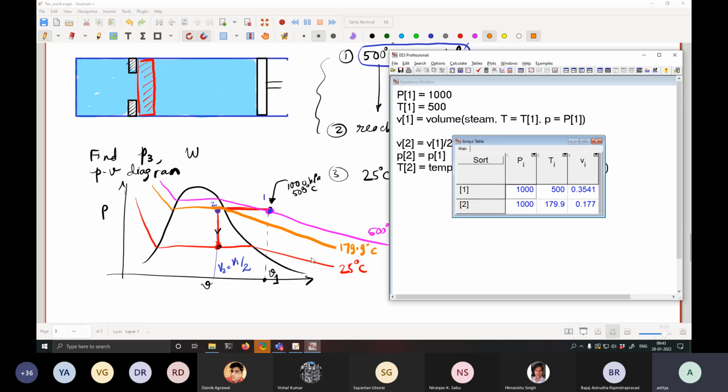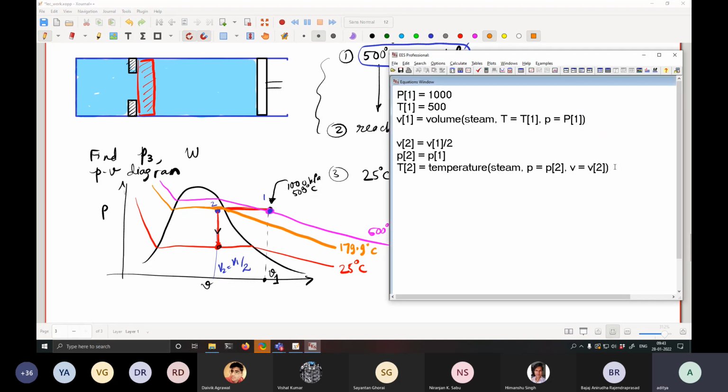Okay. Now what's the deal? Now we can say that V3 is going to be V2. T3 is going to be how much? T3 is 25 degrees Celsius.